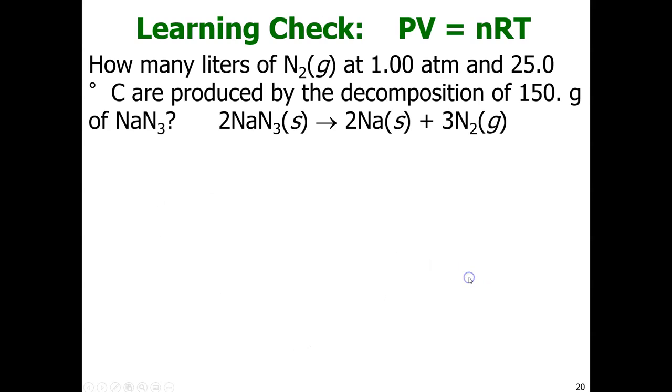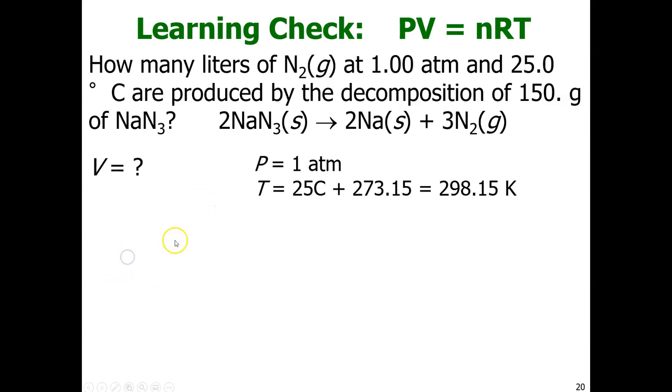So let's do an example of this, using the ideal gas law, PV equals nRT. How many liters of nitrogen gas at 1 atmosphere and 25 degrees Celsius are produced by the decomposition of 150 grams of sodium azide?